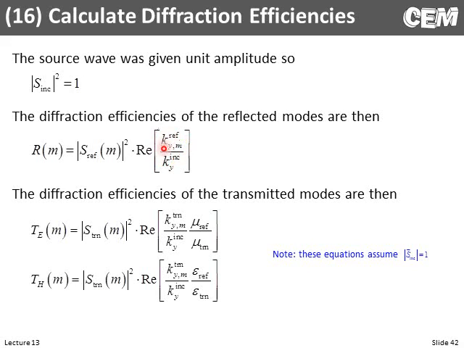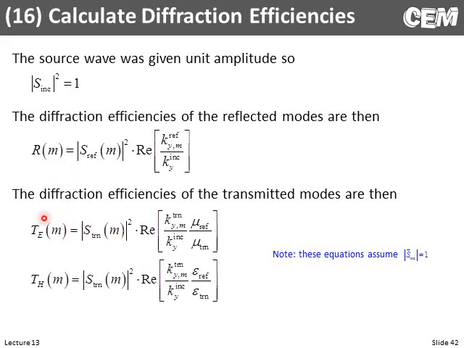These longitudinal k components we calculated at an earlier step, so they exist. This top one here, notice the index m, this will be a 1D array. We're going to divide it by this single scalar number. This will also be a 1D array. We're doing a point-by-point multiplication here. When we're done, this comes out being a 1D array containing the diffraction efficiencies of all the reflected modes.